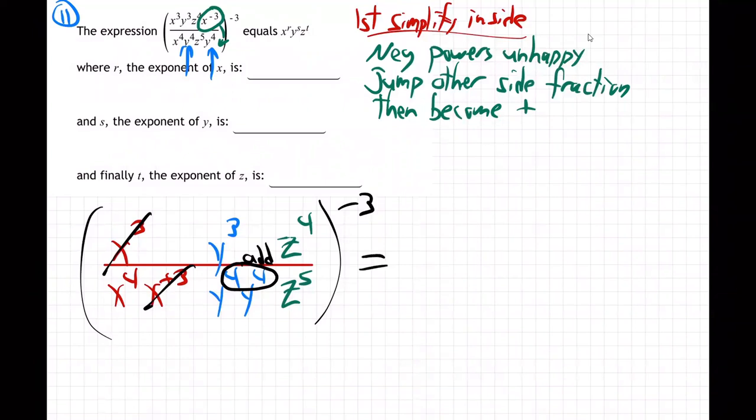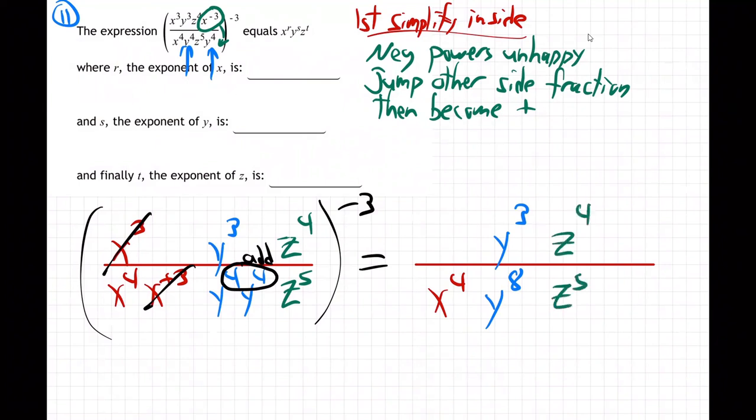So what do we have here? I'm going to end up with X to the fourth on the bottom. The other X is canceled out. With the Y's, I've got Y to the 8th on the bottom, Y to the 3rd on the top. And I'll just keep the Z's as they are for now, Z to the 4 over Z to the 5. Keep it all to the minus 3 power.